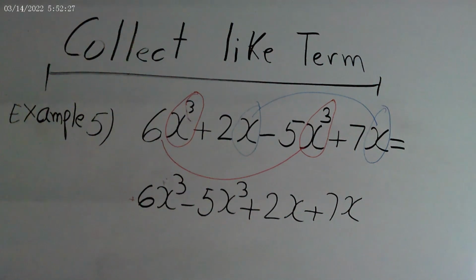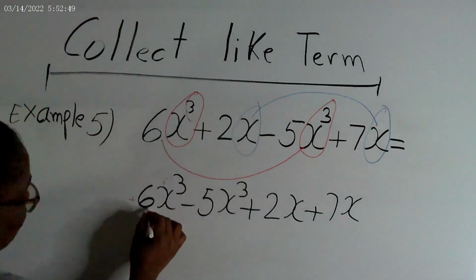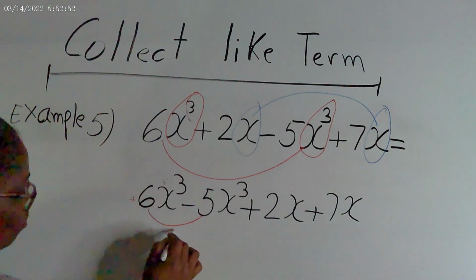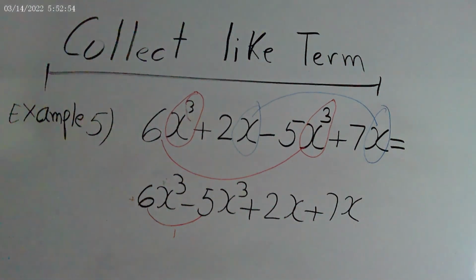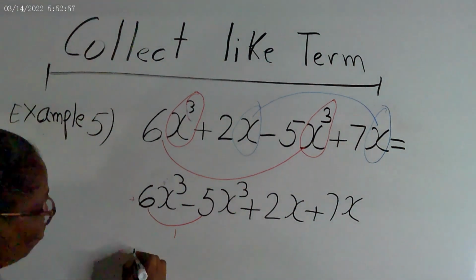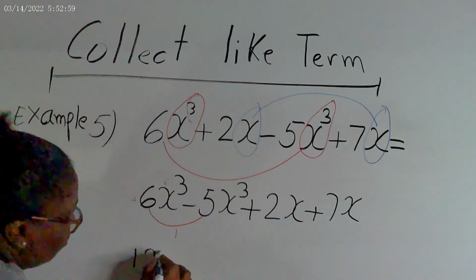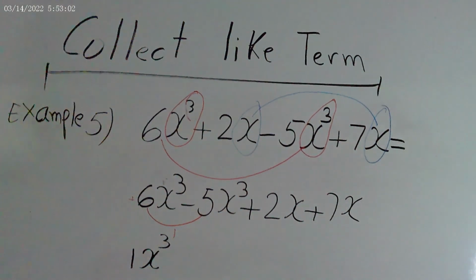So the sign for the 6 is plus. So that will be positive, right? And then because you have plus 6 minus 5, you are going to do subtraction because the signs are different. Okay? So when you subtract, 6 minus 5 is 1, right? So you're going to have 1, and then you keep the variable x cubed.